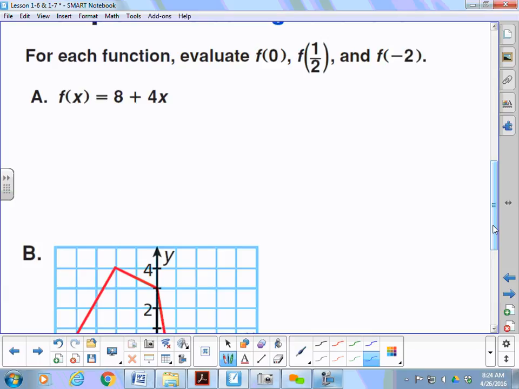Here we have the function f of x equals 8 plus 4x. They want us to find f of 0, f of 1/2, f of negative 2. So all that means is we're going to put 0 in for x, 1/2 in for x, and negative 2 in for x.